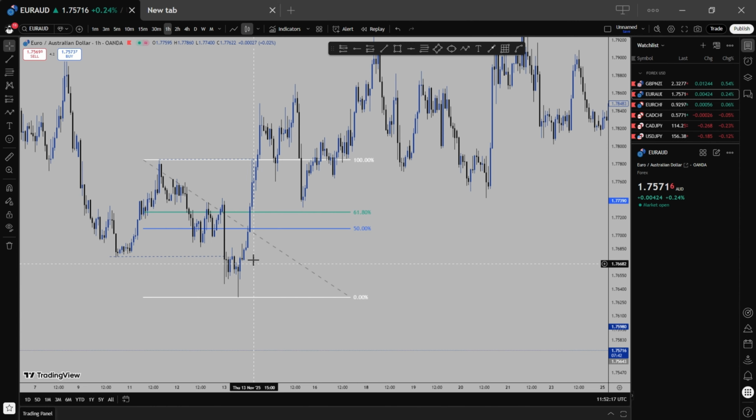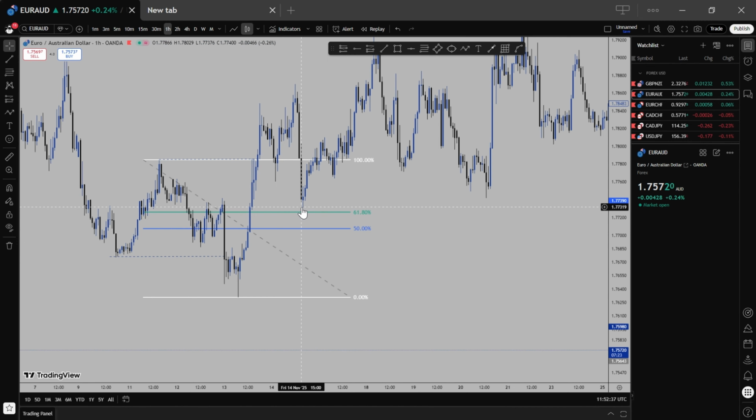Now, from this point to this point, we can't see any structural liquidity. The reason I even measured my fib is because there was something I wanted to look like liquidity, which beginners might think is a structural liquidity.